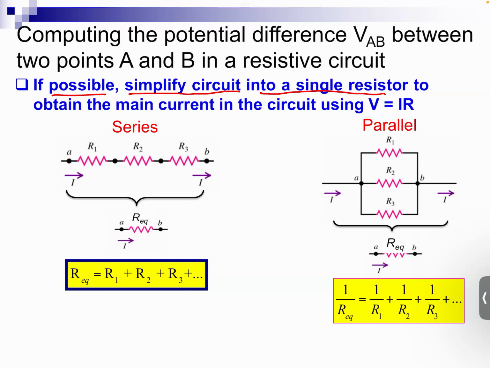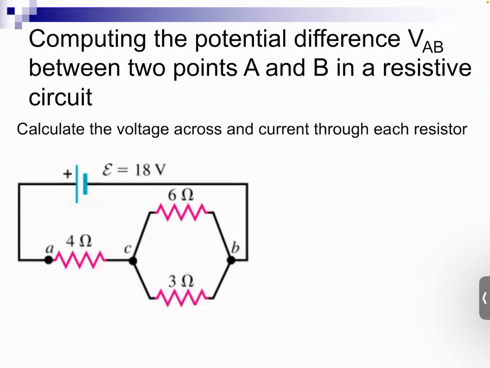All right, I think the easiest way to understand this and learn how to analyze a circuit is to practice. So let's go through this example step by step to see what I mean by first simplifying the circuit into a single resistor and then applying the relationships for currents and voltages in series and parallel connections.